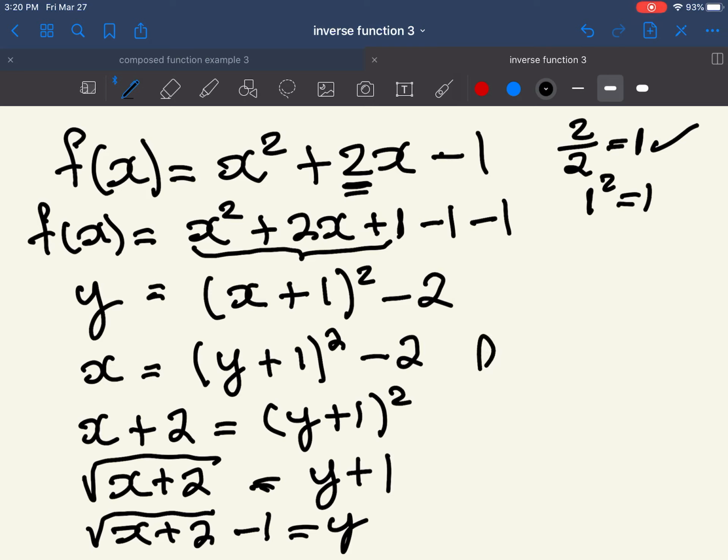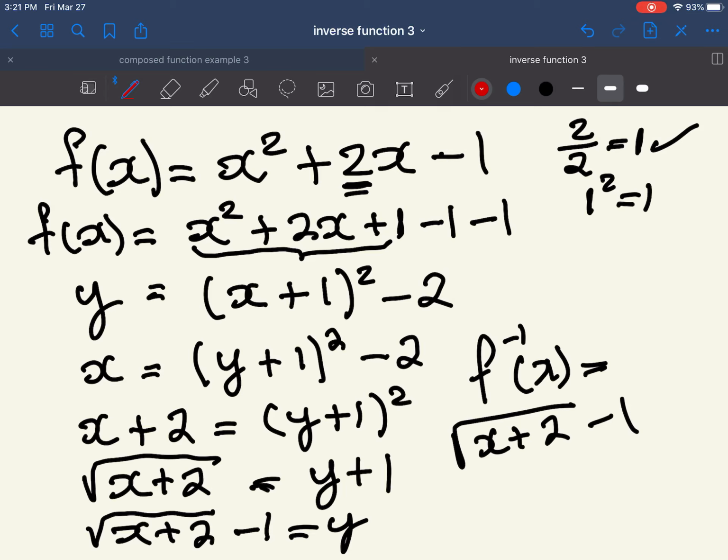Then my inverse function is the square root of x plus 2, minus 1. This is my final answer.